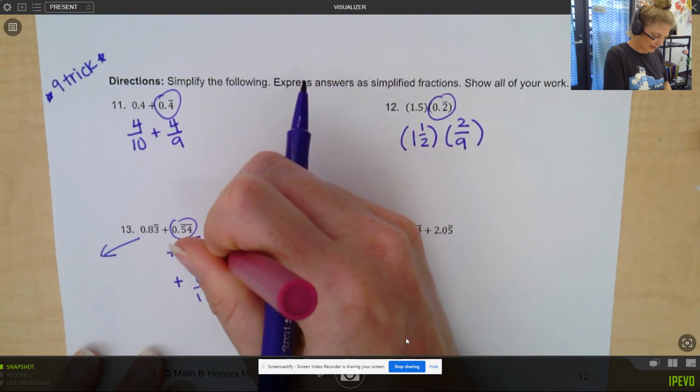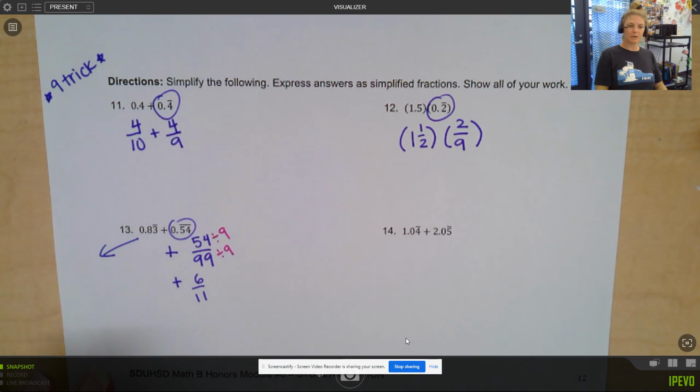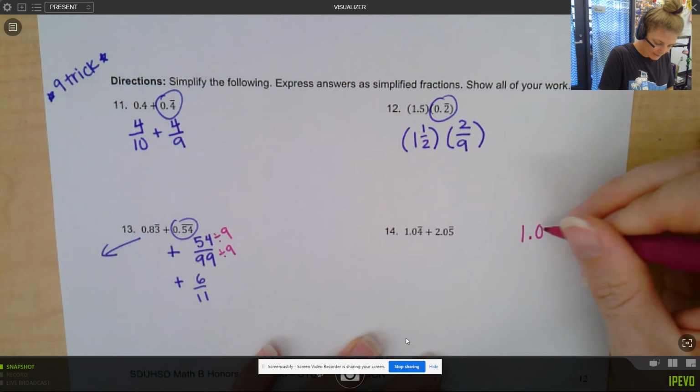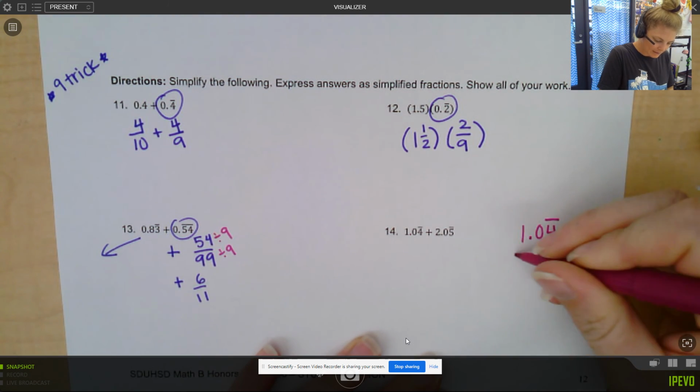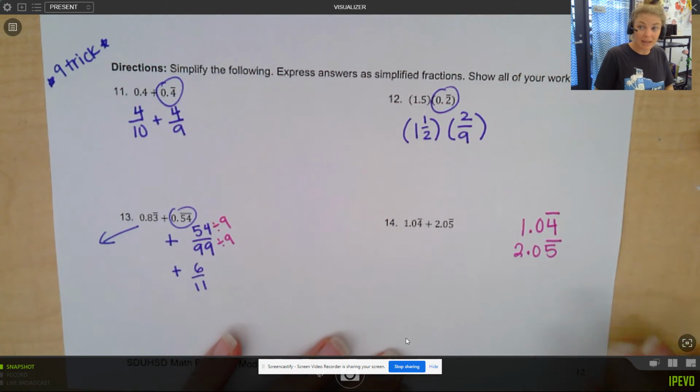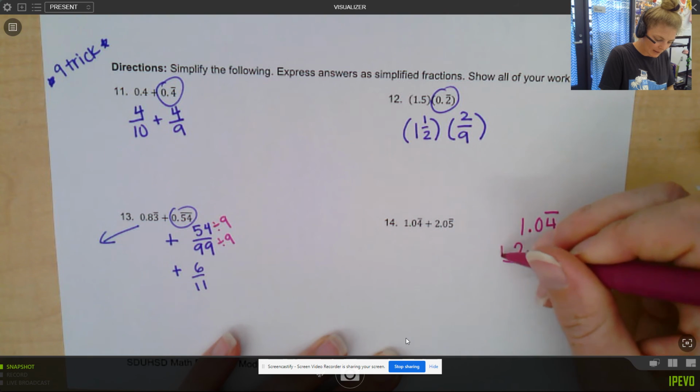That's right, 9. Okay, 14, you might be like, oh no, I don't want to do that whole equation for both of these. What if I told you you didn't? Would I be your favorite 8th grade math teacher ever? Okay, I hope so. So then let me show you the trick. This is 1.04 repeating. This is 2.05 repeating. Notice the repeatings line up as we line up our decimals.